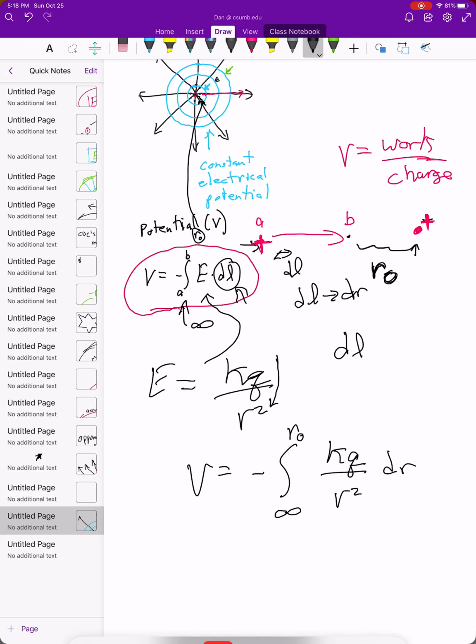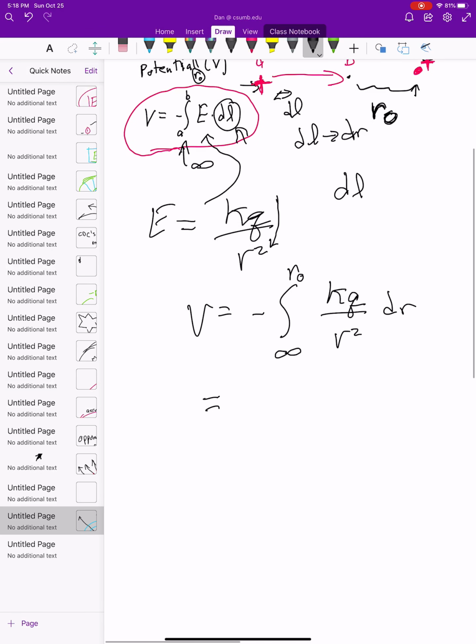Now I'm going to pull out my constants. This is going to be equal to minus k times q times the integral from infinity to r0 of 1 over r squared dr. Now hopefully you remember seeing this integral at some point in your past.